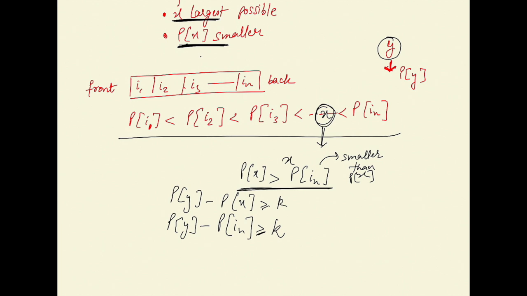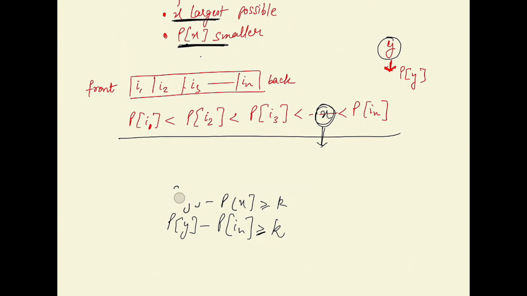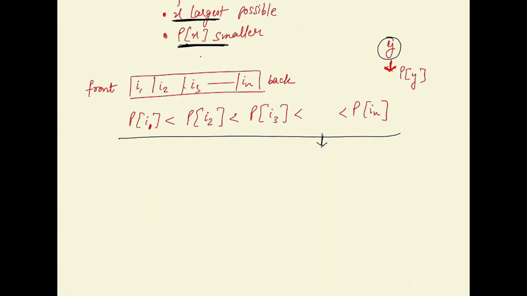So why compare with such an index x? There's no point. Hence we will only store indices in this queue such that they are in increasing order of p values, to reduce our work.